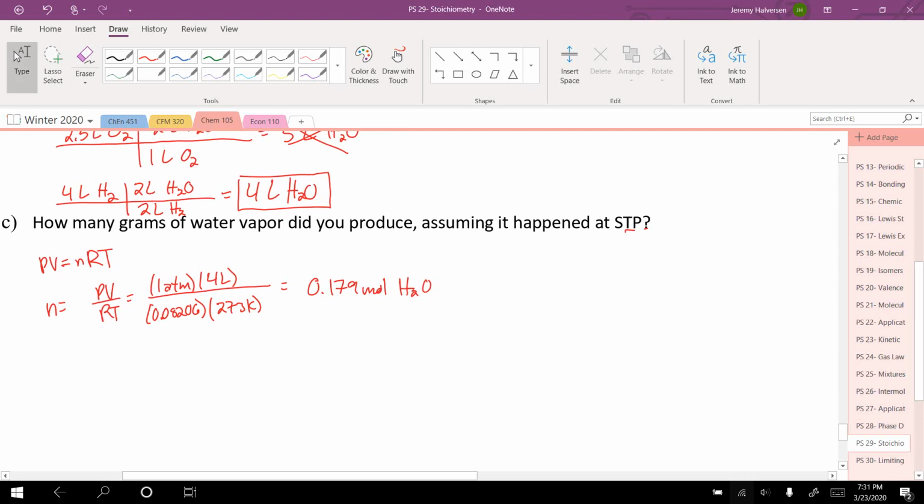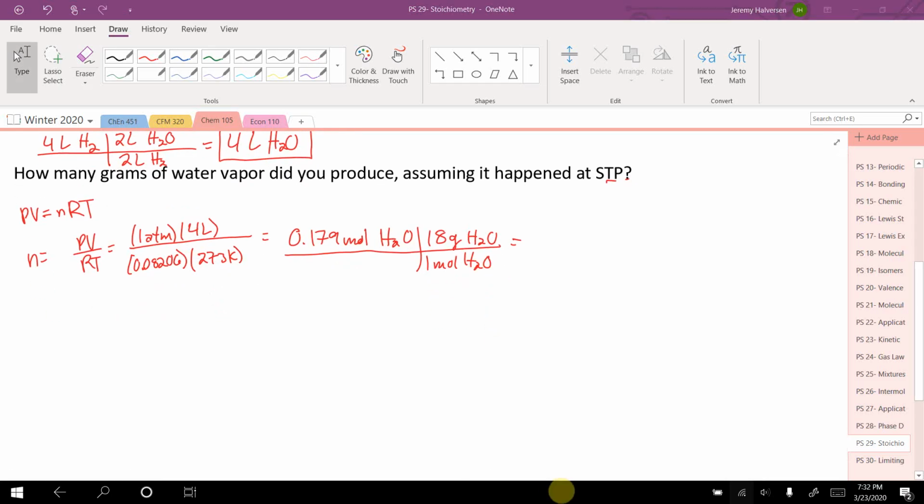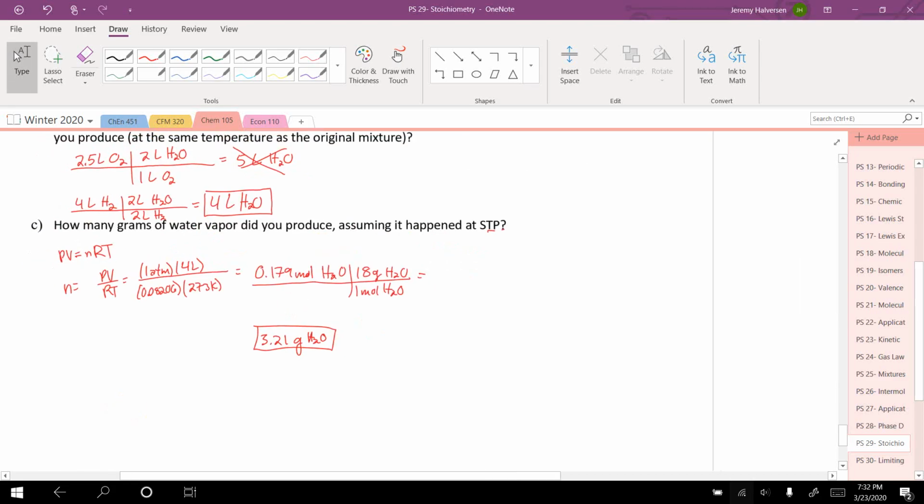But I don't want moles, I want grams, and so then I can just say, well, with water, I know that 1 mole of water is 18 grams. So multiply that by 18, and I get that I will produce 3.21 grams of water from this reaction.